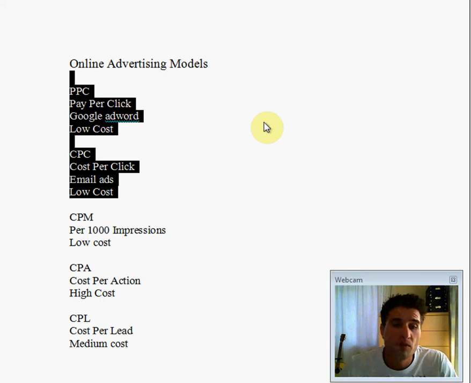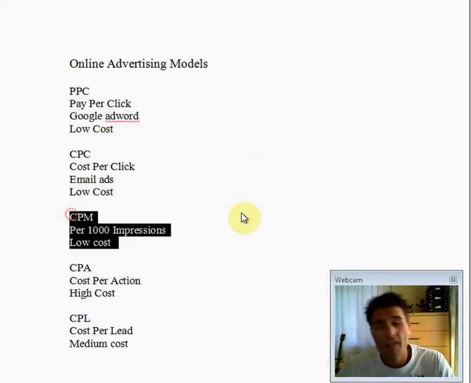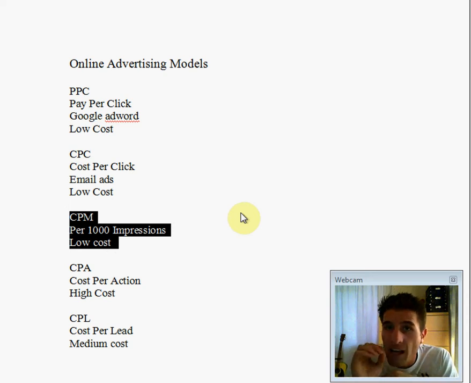Okay, so let's move on to CPM. CPM, basically cost per million, 1,000 impressions. So if you are running a banner ad with one of these traffic providers, you would basically pay them per 1,000 times they displayed that banner. It doesn't matter how many people click on it or if nobody clicks on it, the price is still the same, and you still pay per 1,000 impressions.